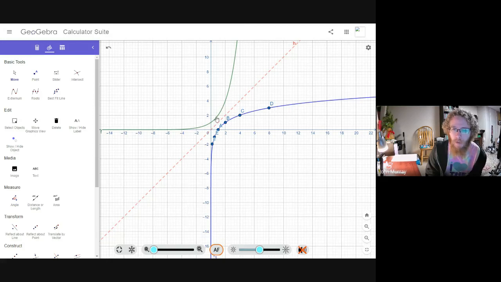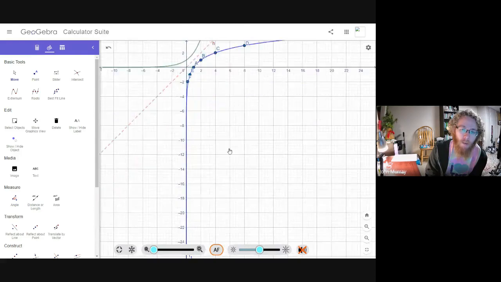It behaves opposite, right? So here we grow exponentially. Here we're growing, but it's not really that fast. It kind of tapers off. Here, our range is all positive numbers, anything greater than 0. So for the inverse, that means our domain has to be greater than 0.